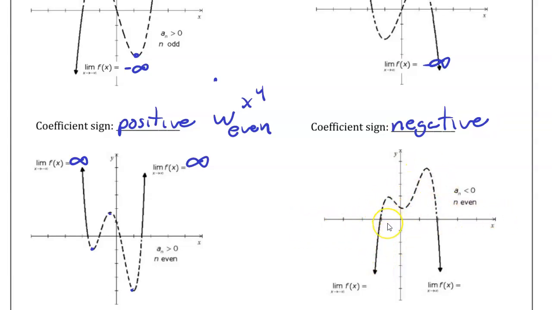It's reflected over the x-axis, so we have an M shape. In that case, both sides will go to negative infinity. Both sides go down forever. Remember, all negative infinity means is that it goes down. Positive infinity just means it goes up. Left side, right side, it goes up, it goes down. Just a fancy way of saying that.